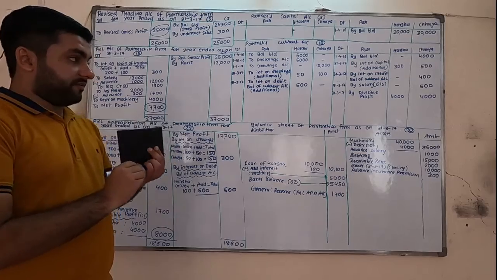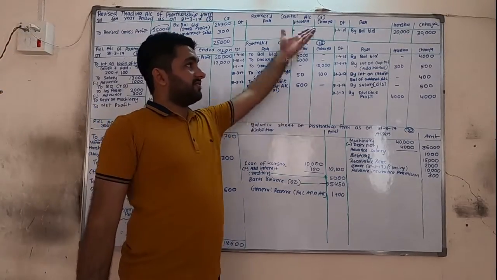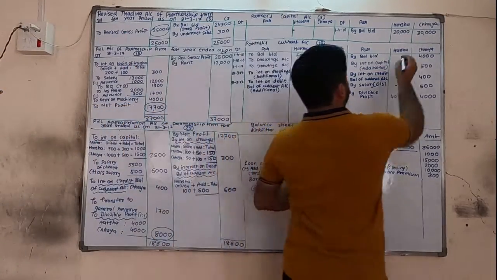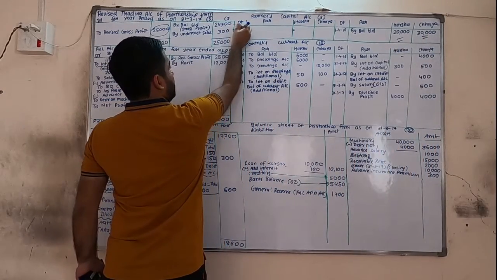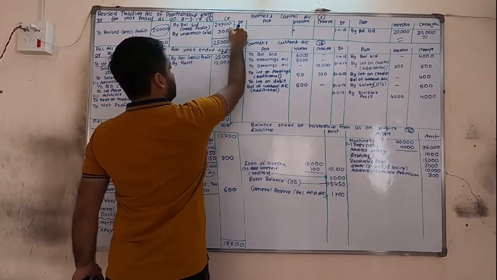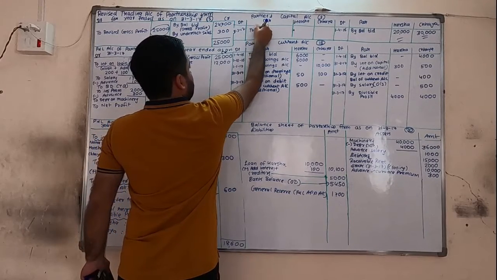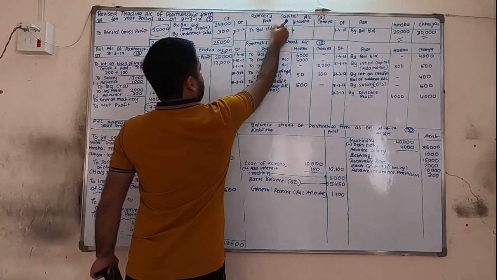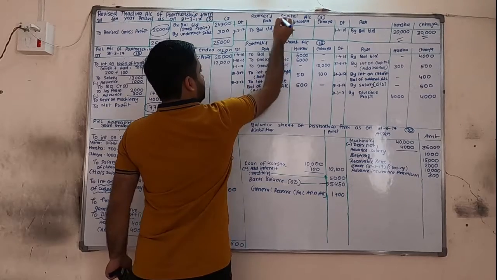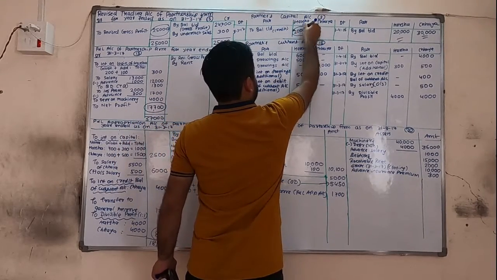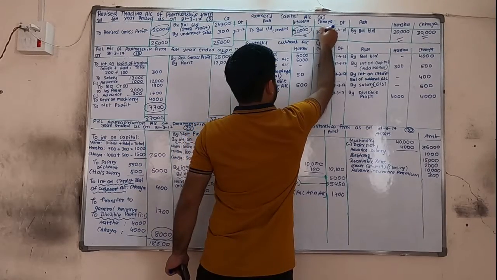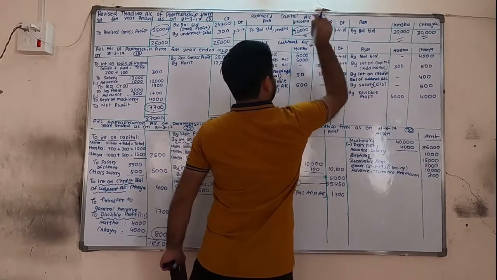Okay. Now first, don't close this. First do that one. Just double lines. So on 31,370, to balance carried down. Now this is credit balance, 20,000, 30,000 and double line.